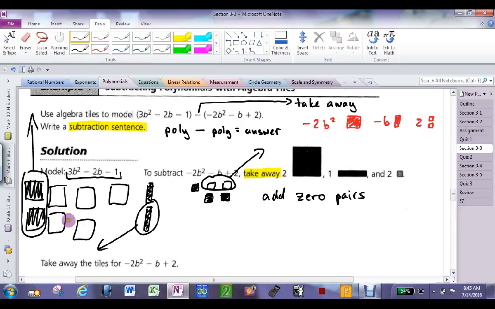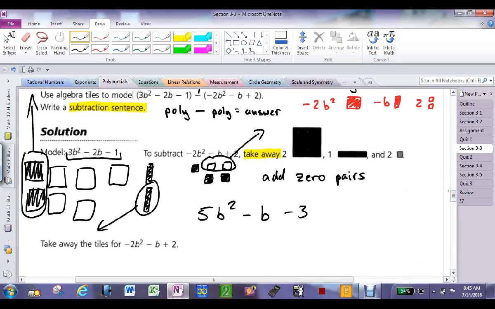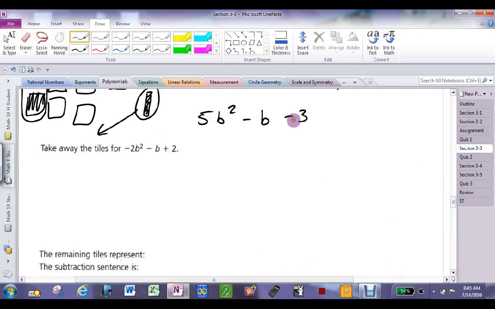1, 2, 3, 4, 5 b squareds, all positive, minus a b, minus 3. Everybody got it? All right. So once we take away those tiles, that's what's left.